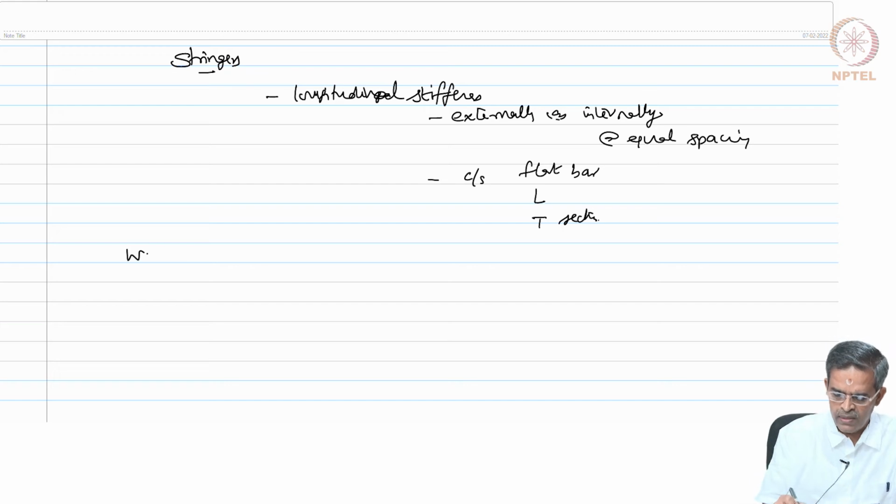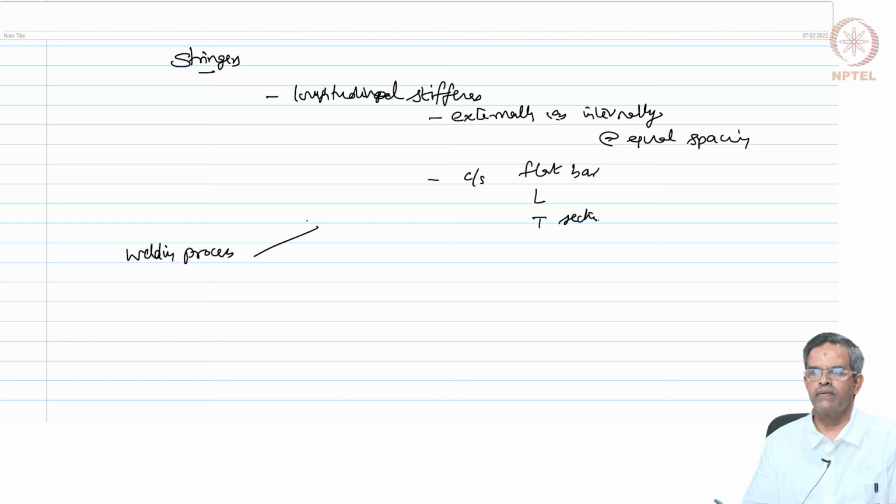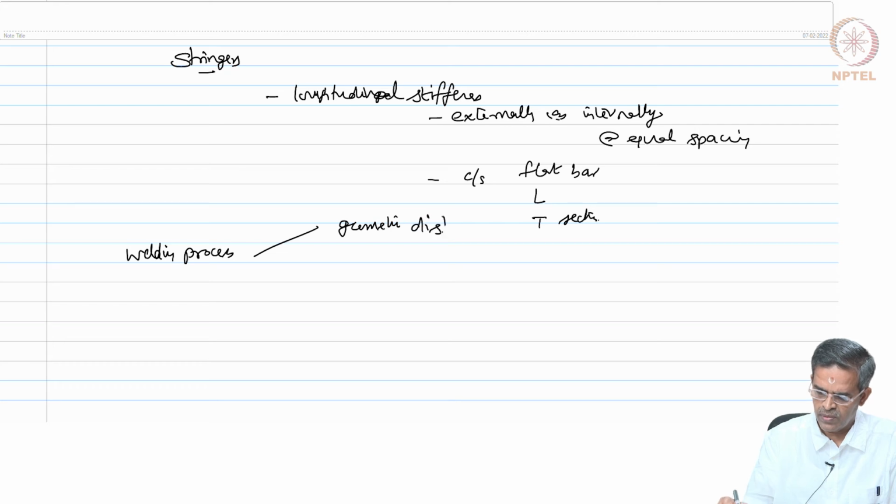So, we can say that the welding process initiates geometric distortion and residual stresses.